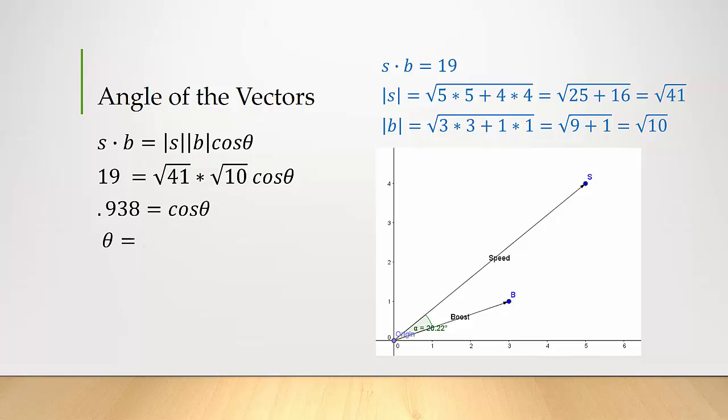I'll take the inverse cosine to get theta being 20.2 degrees. And indeed, that does look like the angle is 20 degrees. So what does that tell me about the skill of this player? They aligned themselves 20 degrees towards the boost pad. So they weren't parallel with the boost pad, which would give them the maximum increase in their velocity, but they were close.